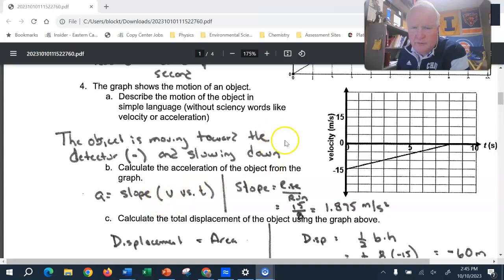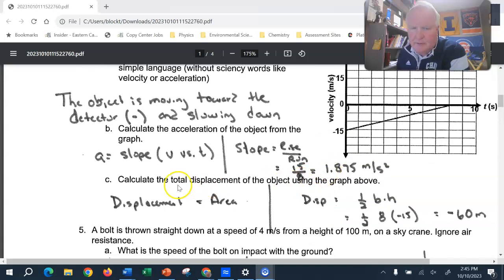Well, we're going to calculate the slope. And slope is rise over run, or 15 divided by 8. And it says calculate the total displacement, so we know that the total area of this triangle is the displacement. So we just do 1/2 the base times the height, or 1/2 times 8 times negative 15, or negative 60 meters.